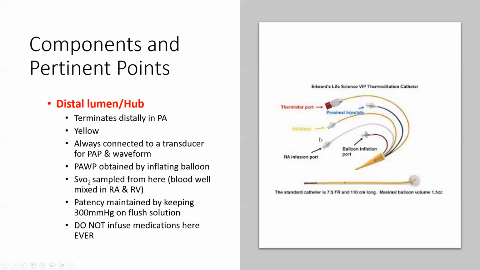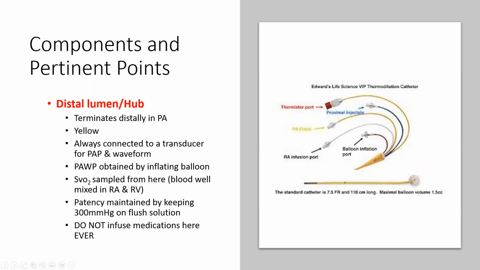Well, the patency is achieved by maintaining a continuous flow of heparinized saline, and the rate of infusion is usually 3 cc's per hour. We should never inject anything into this lumen because it now goes directly into the pulmonary artery. So no drips, no medications, or any other fluids ever in this particular lumen.